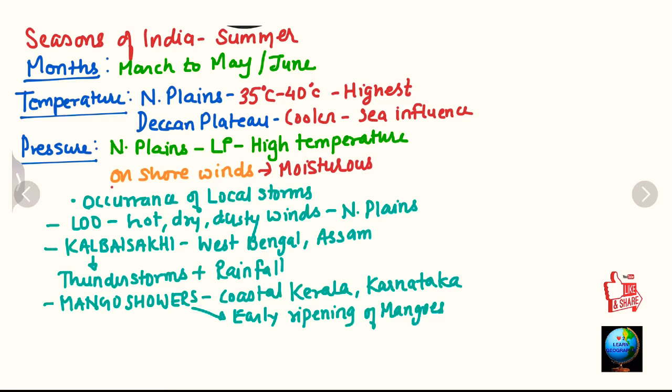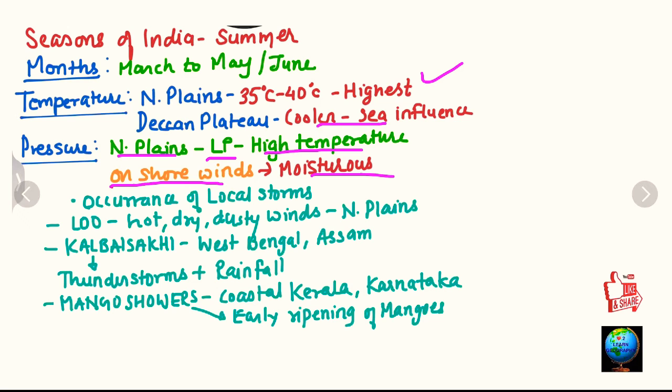The Deccan Plateau is comparatively cooler because of the moderating influence of the sea. Low pressure in the northern plains is due to high temperature, and the northern plains experience onshore winds which are moisture-laden and bring heavy rainfall.